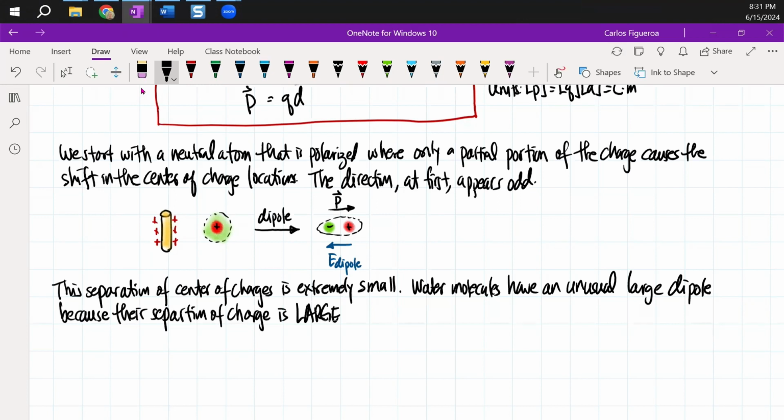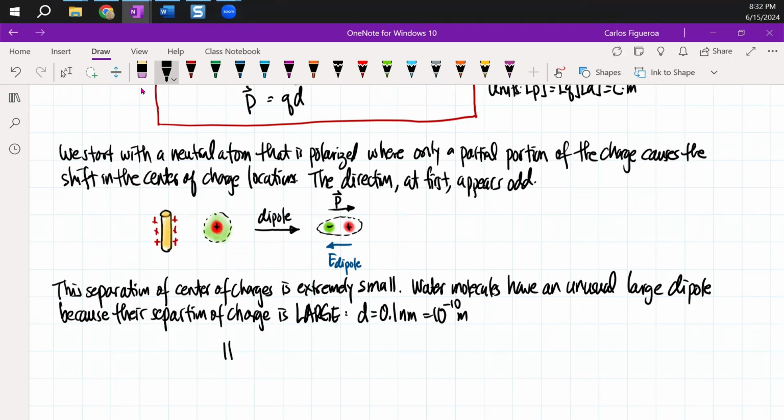It's big enough that it's about 1/10 of a nanometer, which is equal to 10 to the minus 10 meters. That's the diameter of a hydrogen atom. So that turns out to be quite large.